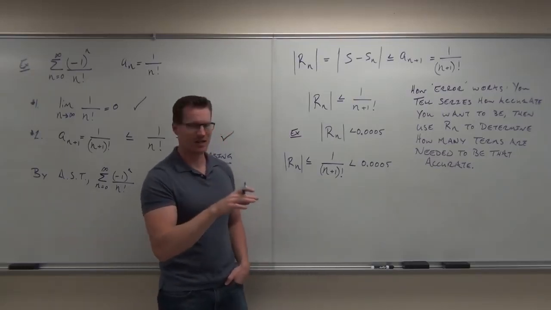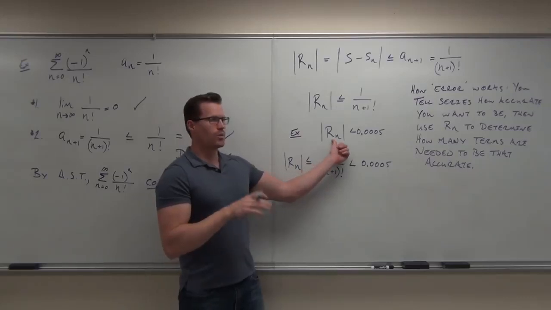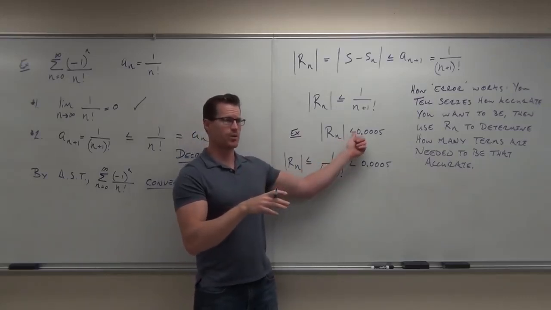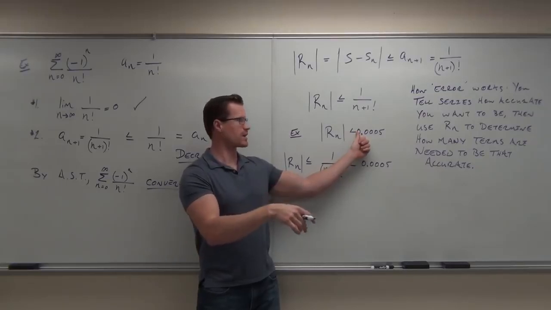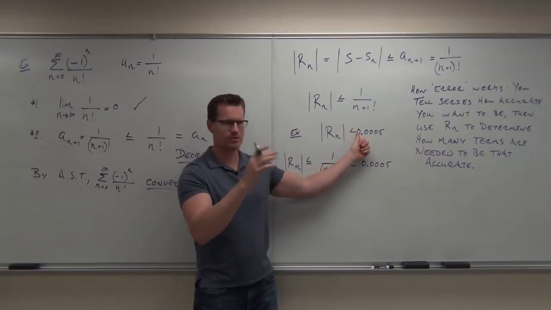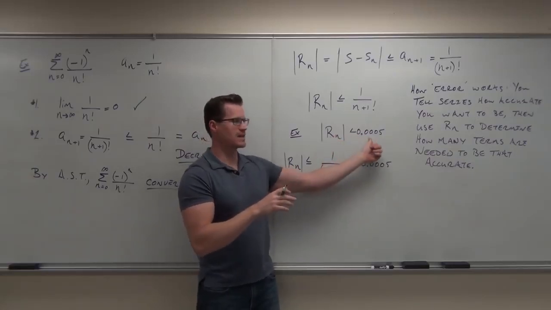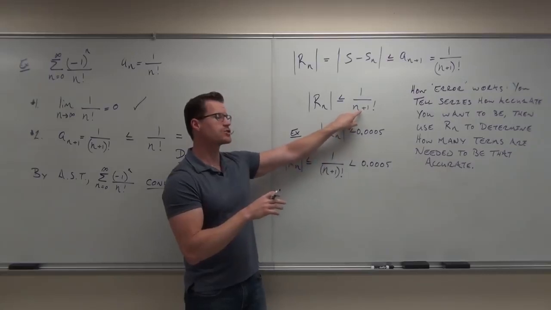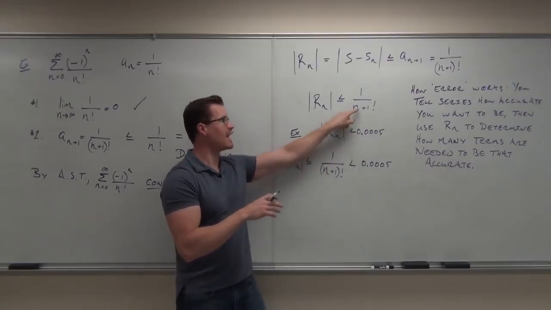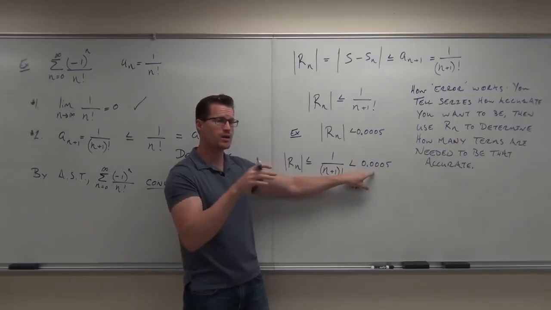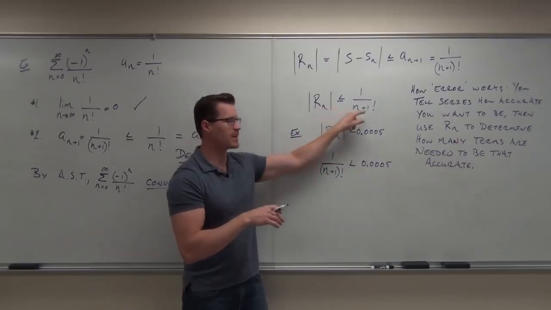Okay, here, check it out. You're given an error, right? Your error has to be less than 0.0005. In this case, where did that come from? I made it up. It's going to be given to you, or you come up with it on your own later on, whatever. So I want my error to be less than this. Well, if I make my last term less than 0.0005, I know for a fact R sub n is less than my last term.